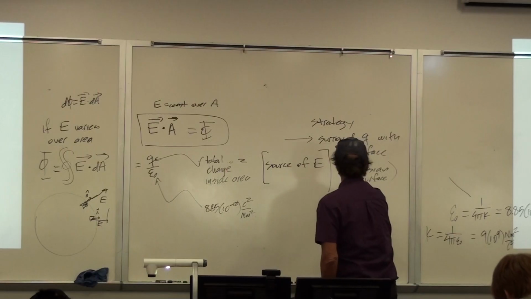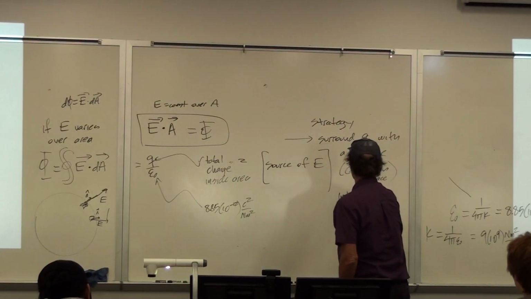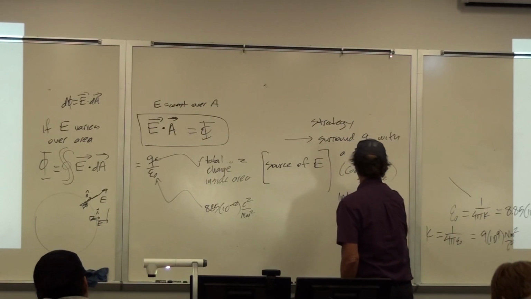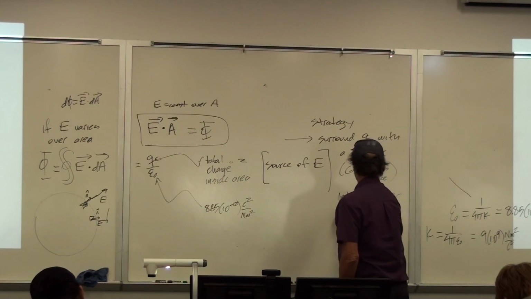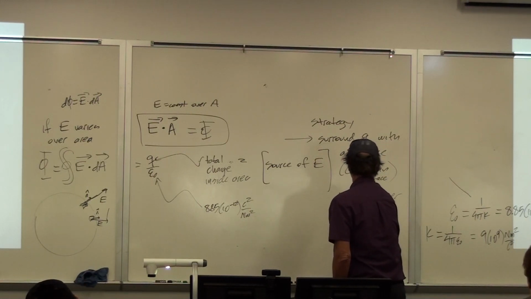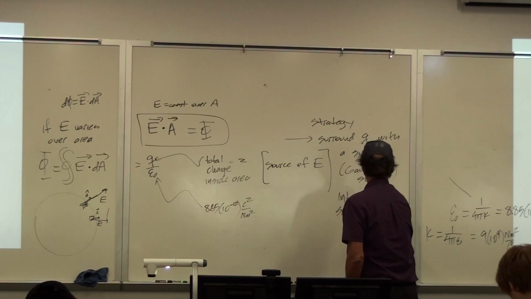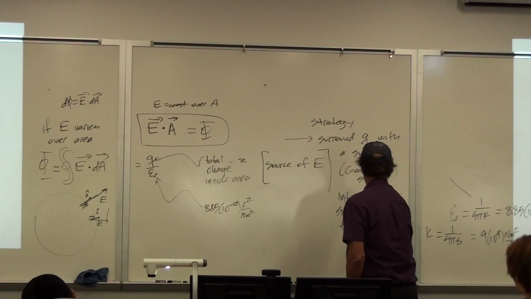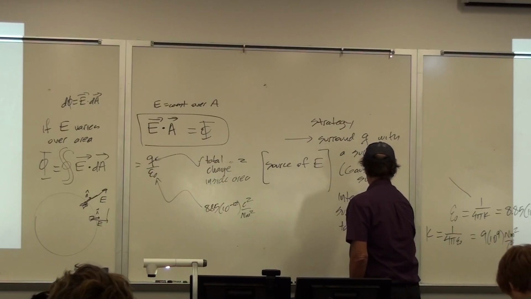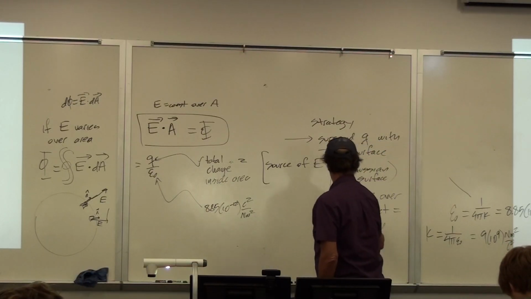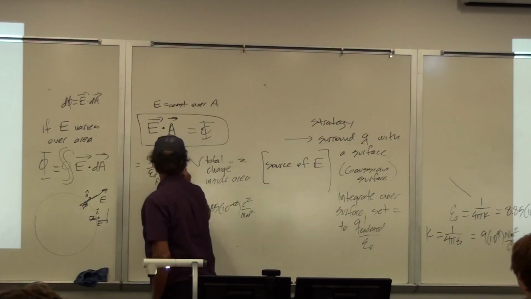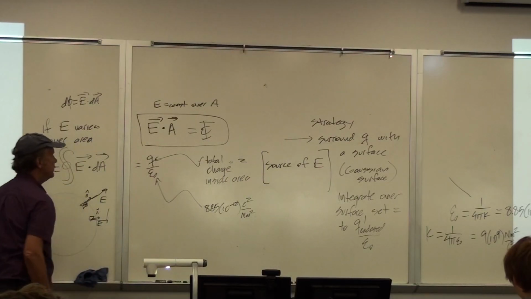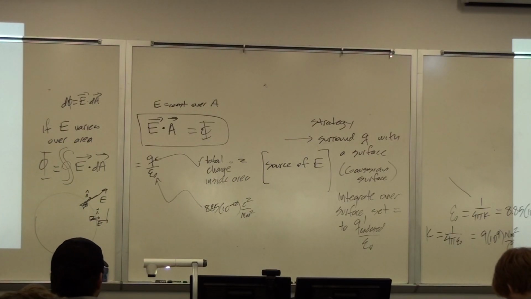We integrate over the surface and set equal to the charge enclosed by the surface divided by epsilon naught. Remember, that's the source charge. This is the total charge inside of the area divided by epsilon naught.